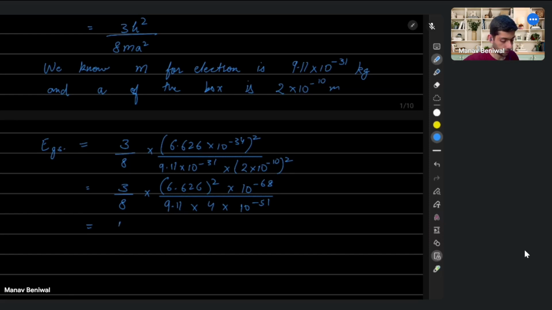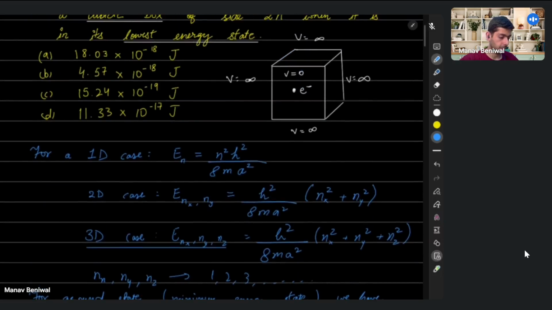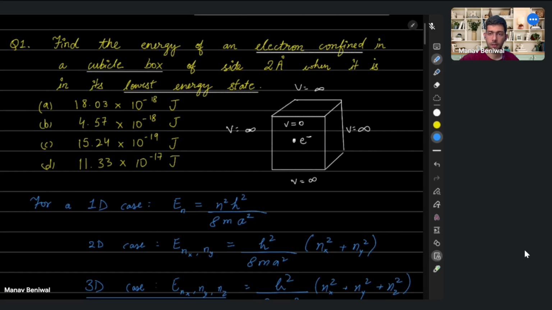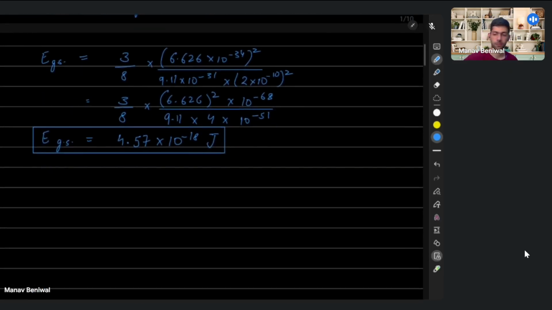So this comes out to be 4.57 times 10 to the power minus 18 joules. So this is the answer. Let's see if it matches any of the options. Yeah, it does. It matches with option B, 4.57 times 10 to the minus 18 joules.